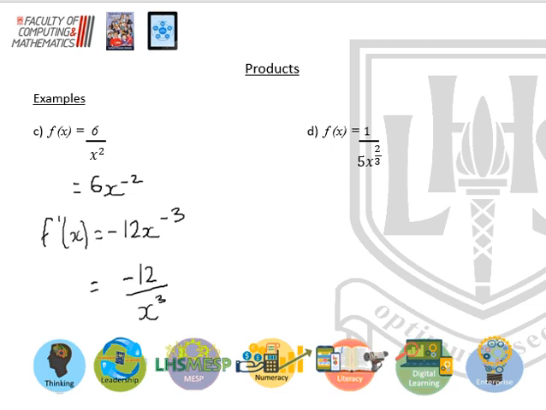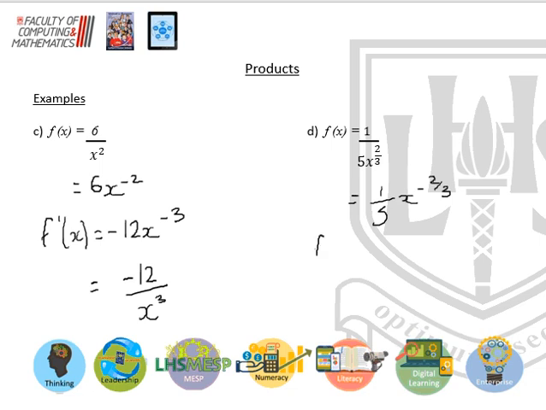Okay, and last one here, f of x equal to 1 over 5x to the power 2/3. Okay, firstly, x in the bottom, no good, needs to come to the top. Okay, and when it comes to the top, that power is only connected to the x. Okay, so only the x moves, the 5 stays on the bottom, and it's x to the power minus 2/3.